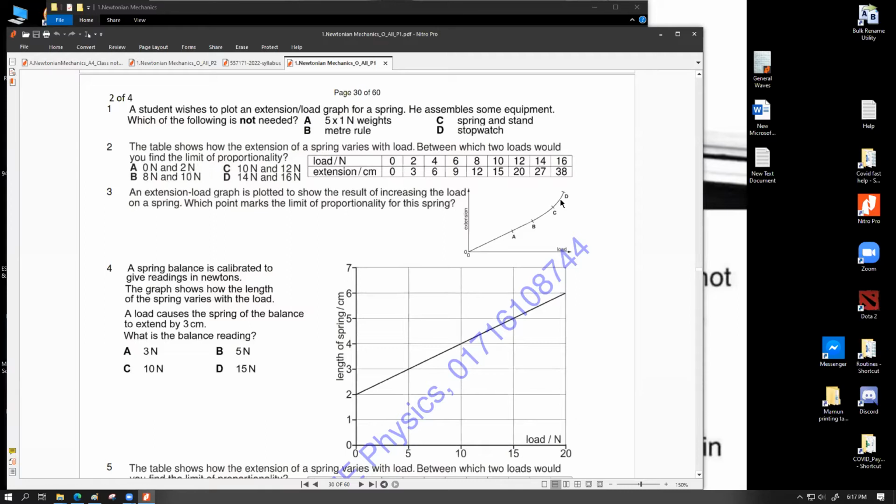Now, interesting point. 0 to 2? 10 to 12? No. Let me explain. Many of you do understand this, that up to the point of limit of proportionality, the force and the extension should be proportional to each other. So let's have a look. 0, 0 is the starting point, so there is nothing to have a proportion over here. But for the first two non-zero values, for 2 Newton force, you have an extension of 3 centimeters, so your ratio is 2:3.